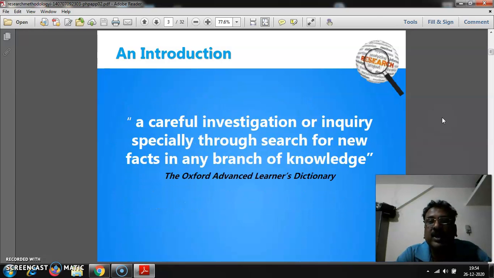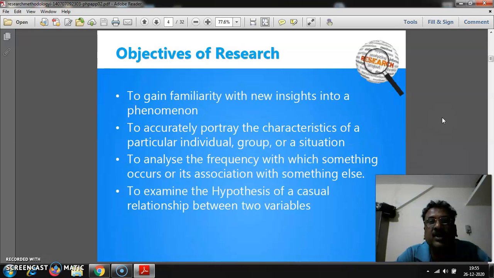A careful investigation or inquiry, especially through a search for new facts in any branch of knowledge, is called research. Objectives of research.